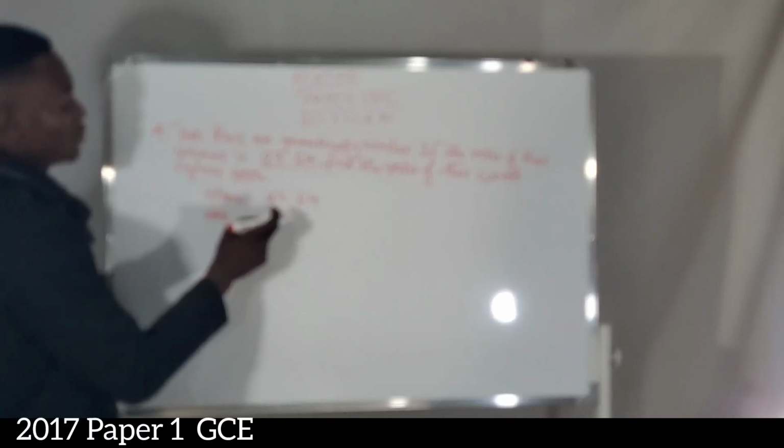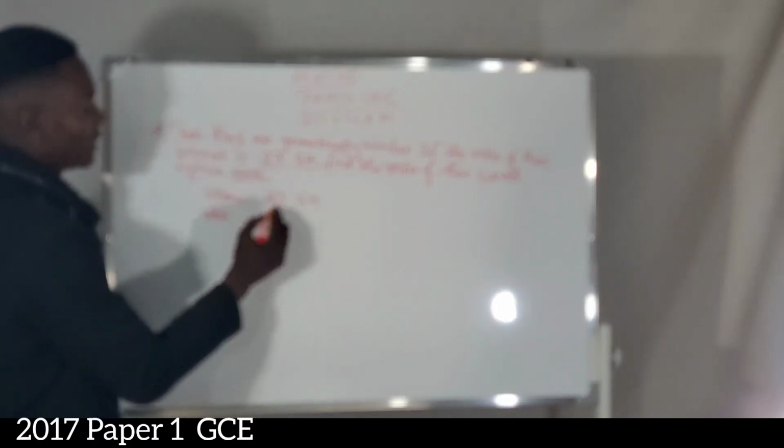So how do you change this to the ratio of their sides? By cube rooting. Since it's volume, it is the cube root of 27. If this was area, I would have square rooted, because area is measured in square units. So this will also be the cube root of 64.